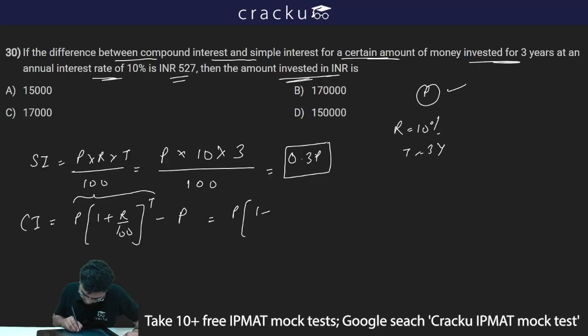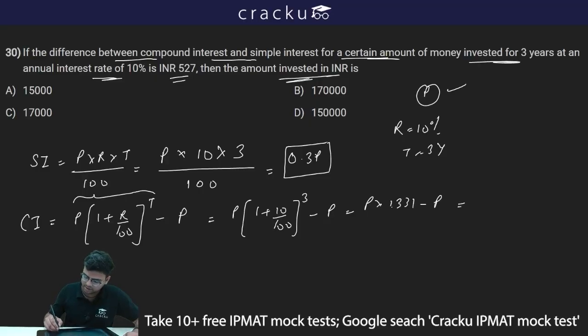R is 10. So (1 plus 10 by 100) whole power 3 minus P. Now 1 plus 10 by 100 is 1.1, 1.1 cube is 1.331. So P into 1.331 minus P. This will be equal to 0.331P. So this is my simple interest and this is my compound interest.